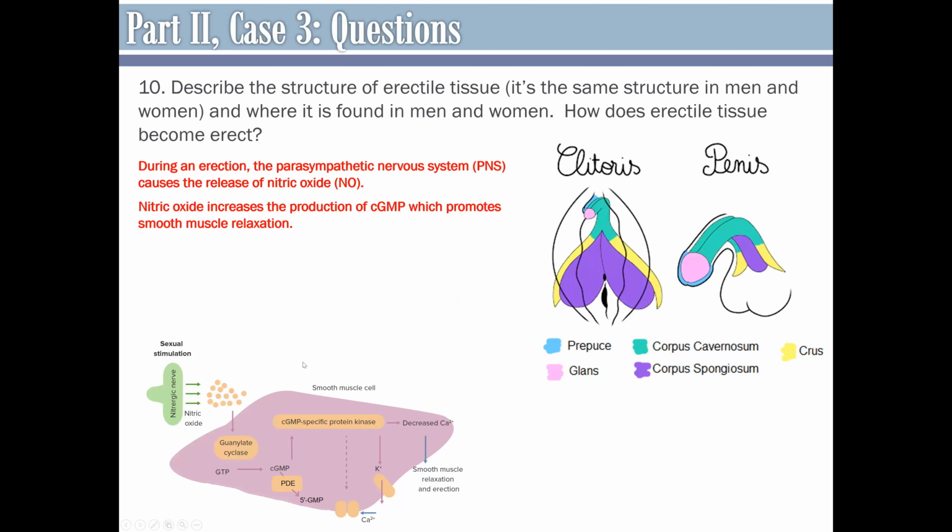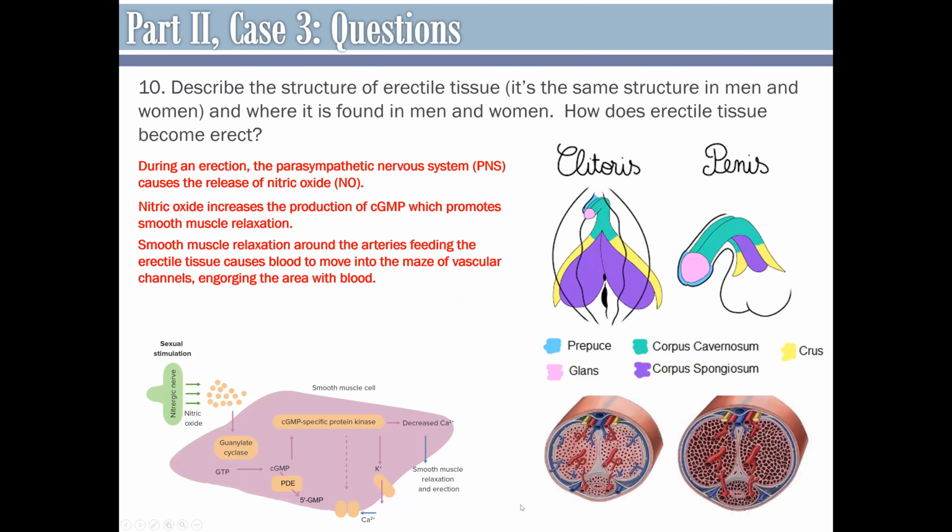And so we're not going into all of the details, just that nitric oxide activates an enzyme that creates cyclic GMP, and cyclic GMP then follows a pathway that ultimately leads to smooth muscle relaxation and erection. So smooth muscle relaxation around the arteries feeding the erectile tissue causes blood to move into the maze of vascular channels, which engorges the area with blood and results in an erection.